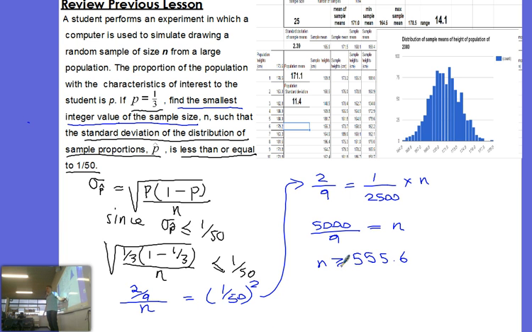If the sample size is greater than this number that you're rounding up to, then according to your rule, that gives you a standard deviation less than 1/50. So n has to be greater than 556. If your sample size is equal to or larger than that number of people in your survey perhaps, then you're achieving a standard deviation of 1/50, or less than that.